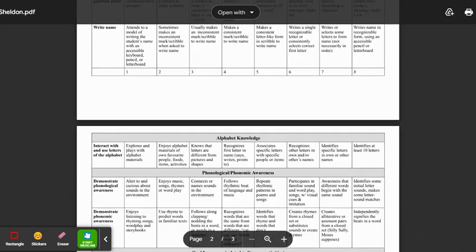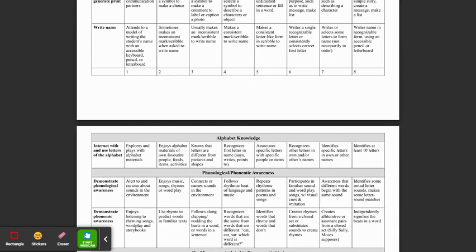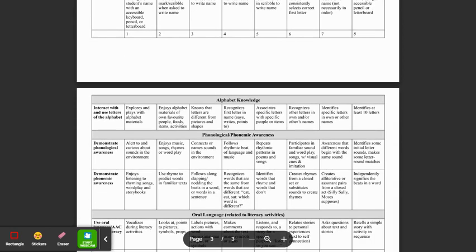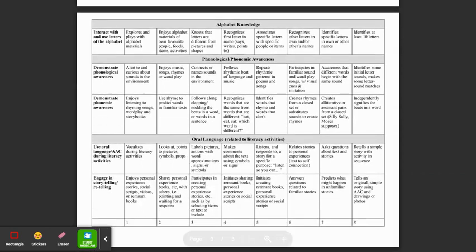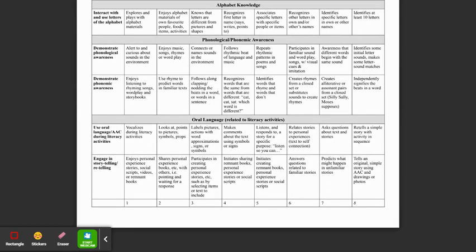I just find this so helpful to graphically organize where we are as well as where we're going. The other areas include alphabet knowledge, phonological and phonemic awareness, and spoken or oral language related to those literacy activities, because we know all of that is connected to how we support our students to become autonomous communicators and autonomous readers.